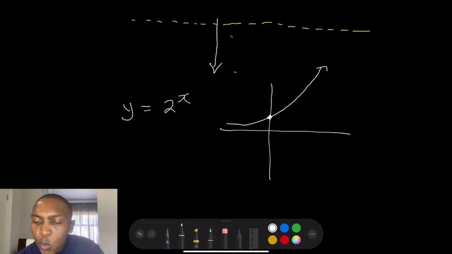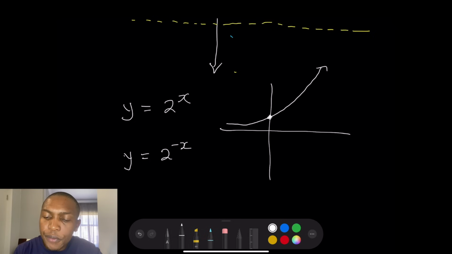Now, what would happen if I wanted to draw a graph y is equal to 2^(-x)? Do you see what I've done? I've now translated this graph. So instead of having positive x, I now have a negative x.